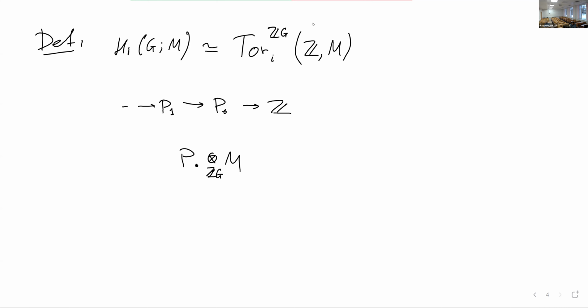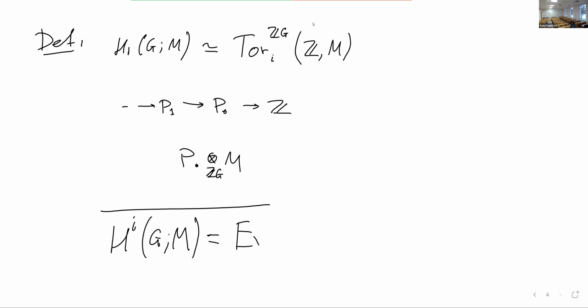By the way, let's also define cohomology, which is basically replacing Tor by Ext.